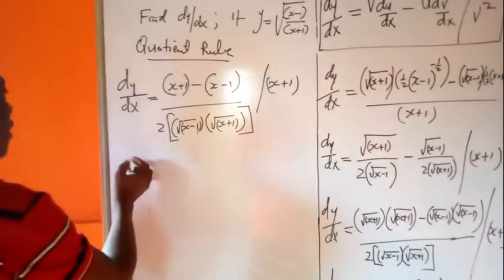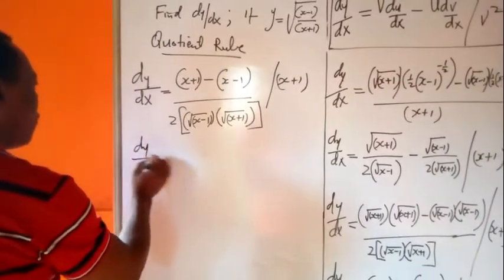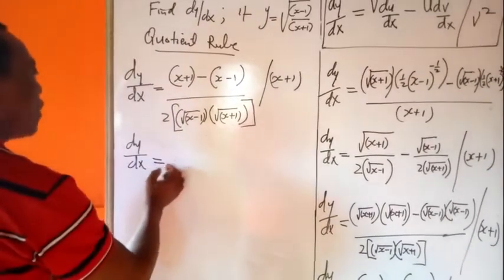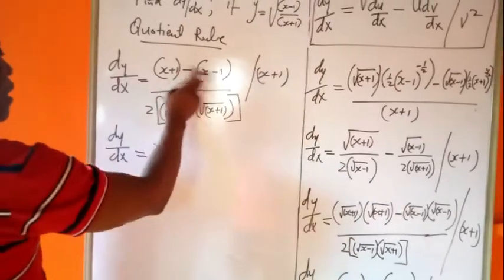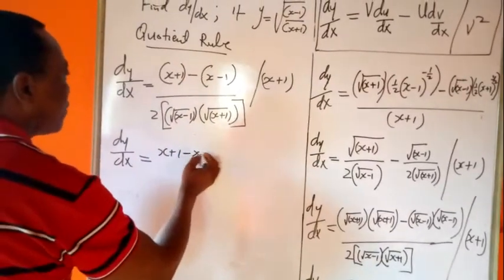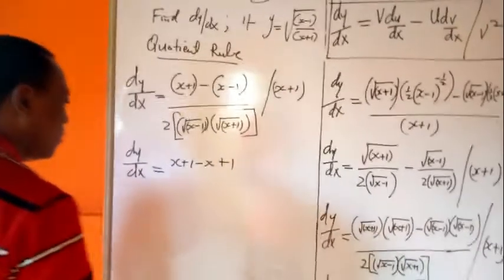So if we open our brackets, dy dx will give you x plus 1, and this one will become minus x plus 1.